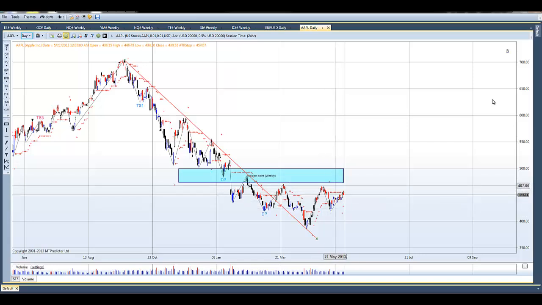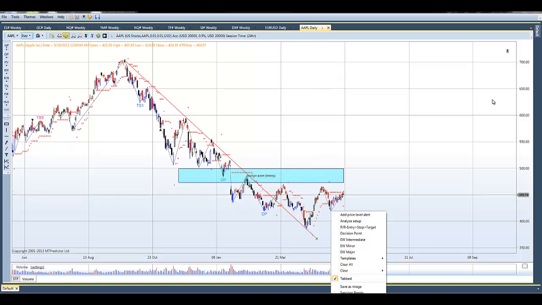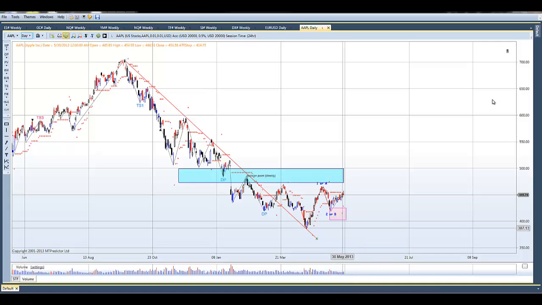But it is again struggling to get above and hold above that 450 level. That's going to be a major level, and then back above 500. It should have a little wave B support here. Let's just look. Yeah, wave 2 or B.